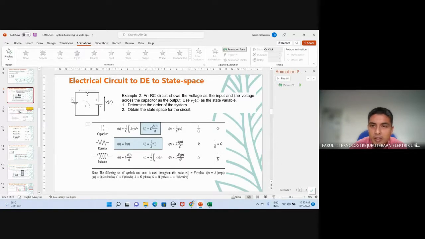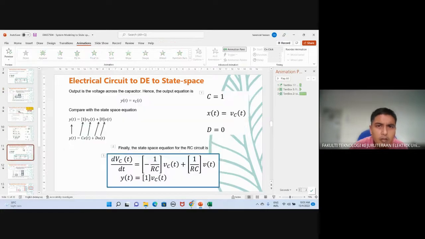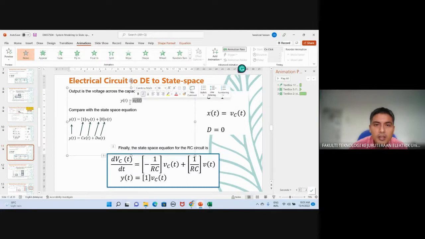So we translate this information into an equation. This line says voltage across the capacitor is the output, so I translate that to the equation.